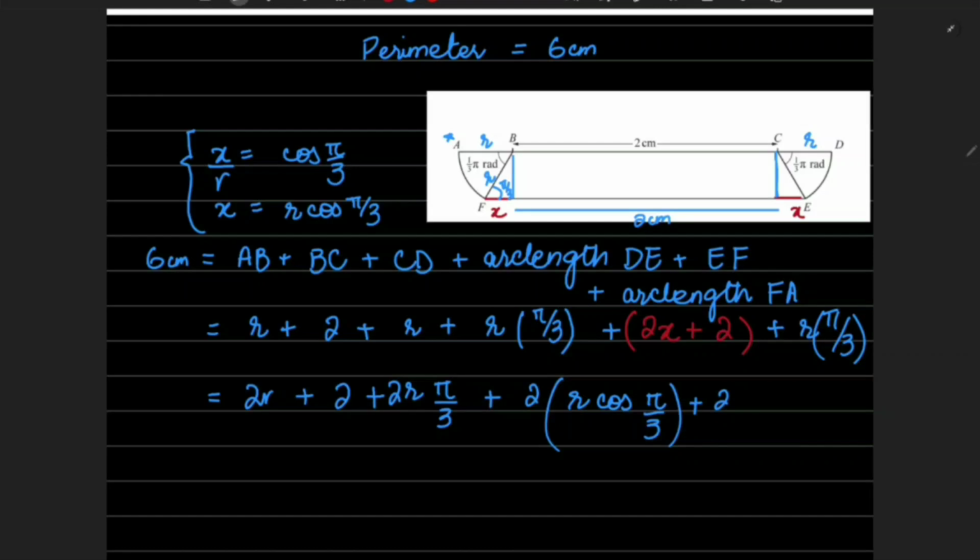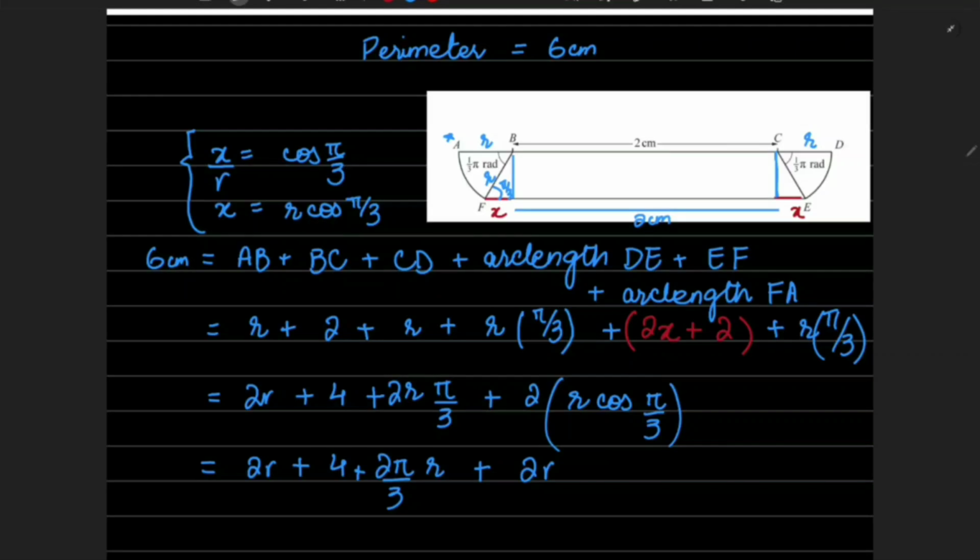Instead of writing for 2 times everything, I just added up all the sides, all the boundaries. Also this 2 can add up to this 2 to make it a 4. Now just take r common and solve the rest. So 2r plus 4 plus 2 times pi over 3 r plus 2 times r.